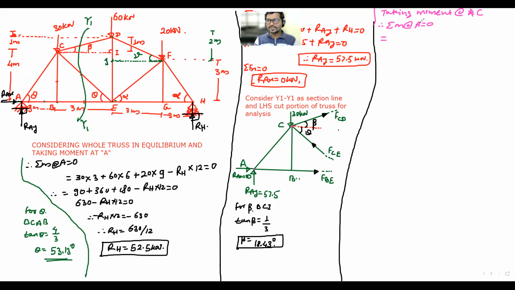Taking moment at C. कुठं जरी घेतलं तरी आन्सर तेवढंच येणार आहे, but we will be required to have this magnitude now. किती आहे सी ए? 3 मीटर की 4 मीटर?